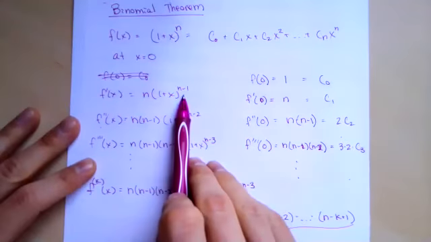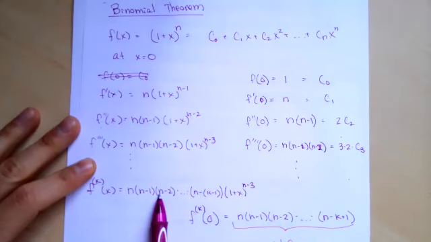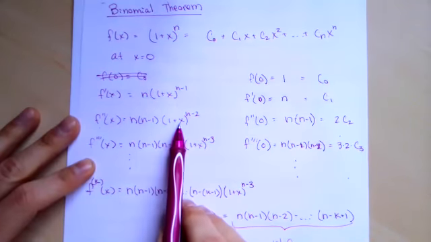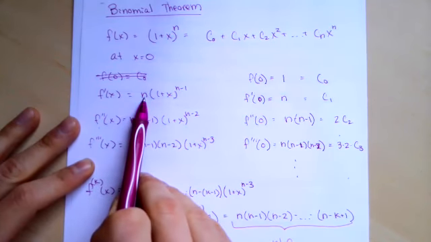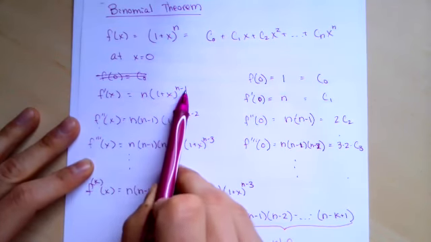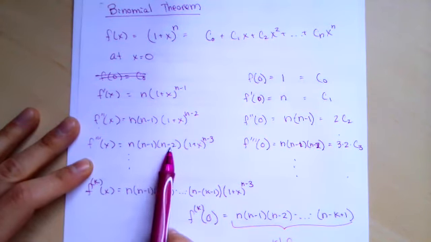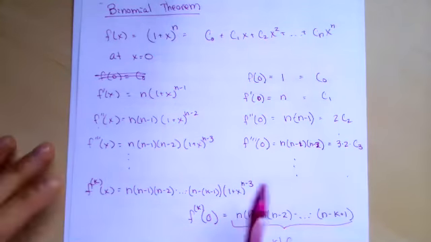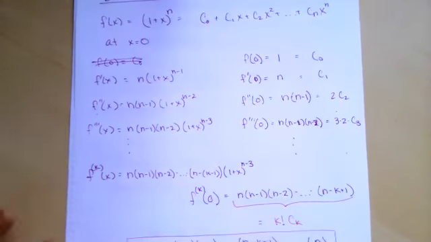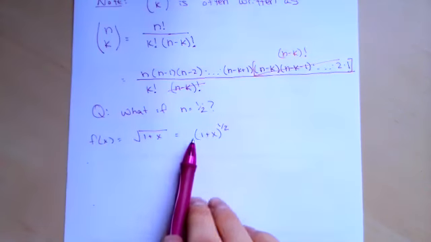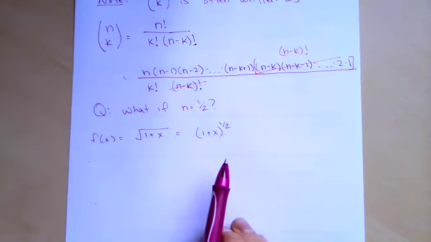But even if n wasn't an integer, if I went through this process, nothing would change, right? There's no chain rule because it's just a 1. I would still have whatever fraction that n was, and then reduce the power. And then I would do it again. And even though these n's and n minus 1s and n minus 2s would be fractions, we would still get the exact same formula. So it still holds.